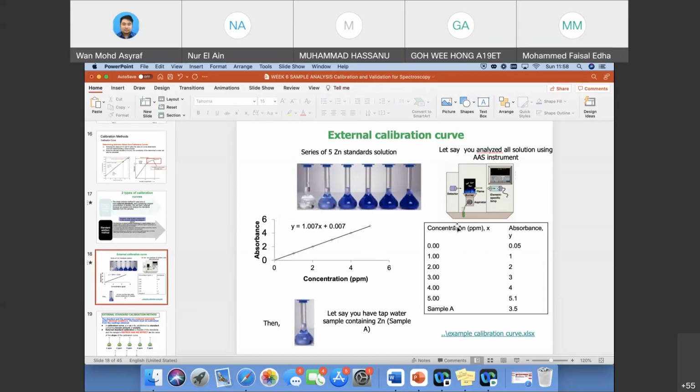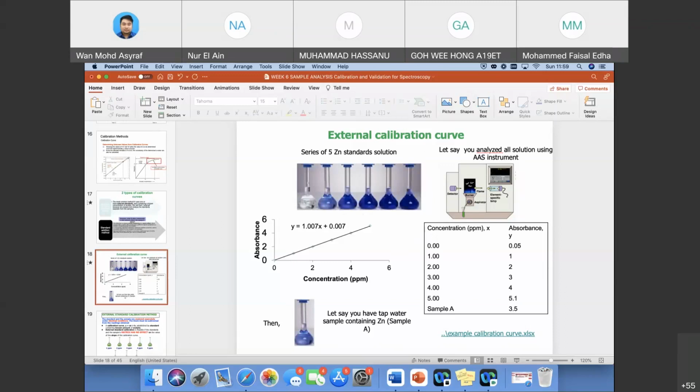You can see that the color increases from left to right. The first one is your reagent blank, which is free from your analyte of interest, in this case zinc. You prepare all of these samples. Based on this table, you can see 1, 2, 3, 4, 5 ppm of zinc standards in these volumetric flasks. You do your analysis, AAS for example, and get your concentrations here.